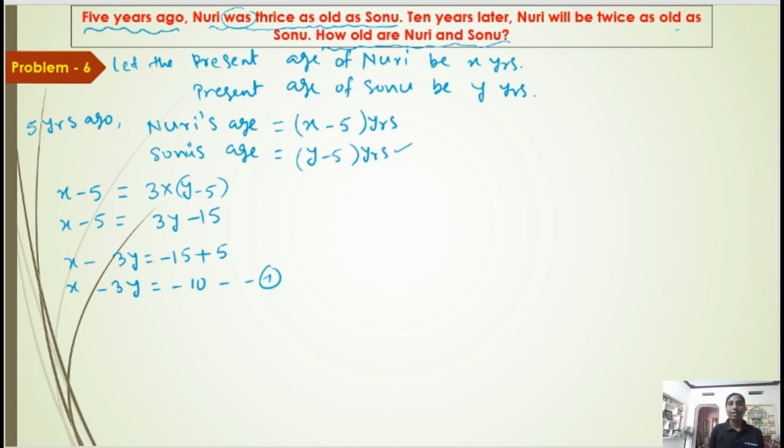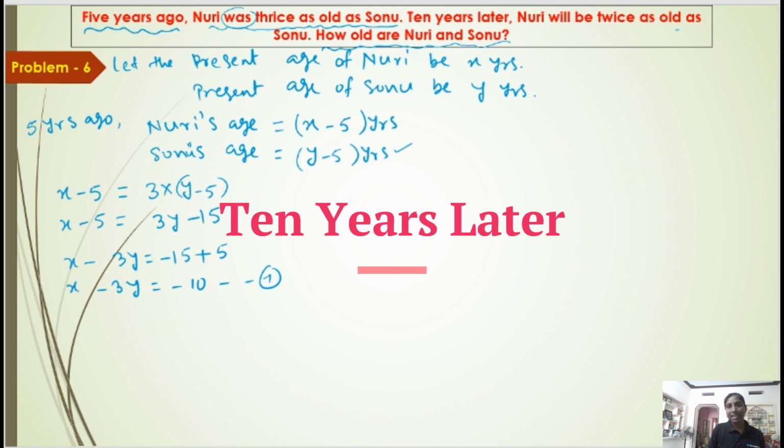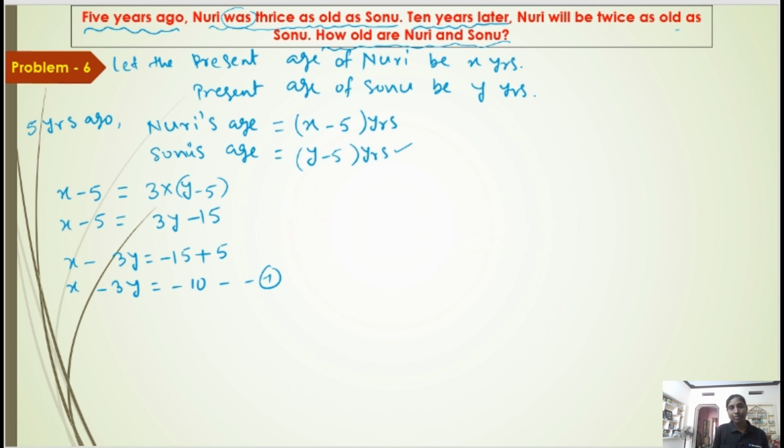Now read the second part of the question. 10 years later. What will be the condition 10 years later? Suppose you are 15 years old. What will be your age after 10 years? 15 plus 10, that is 25.